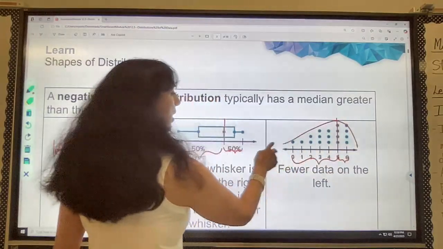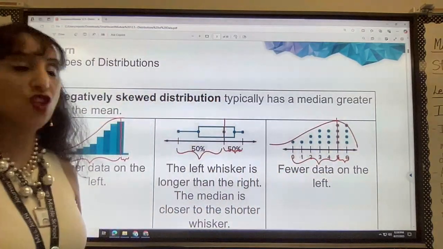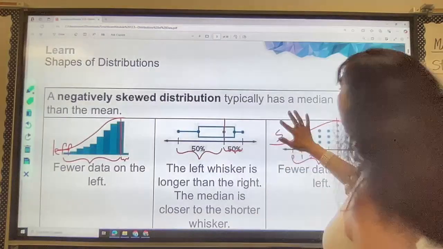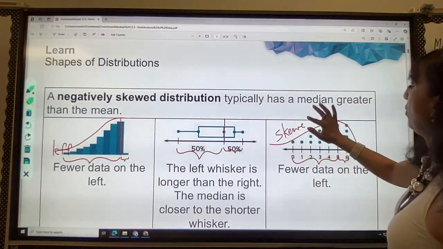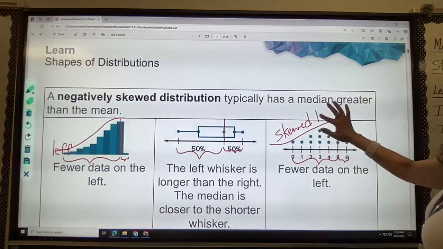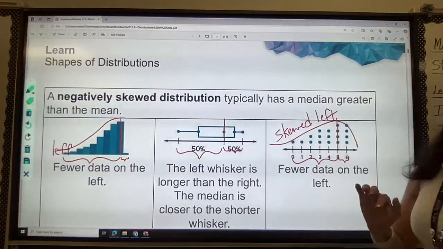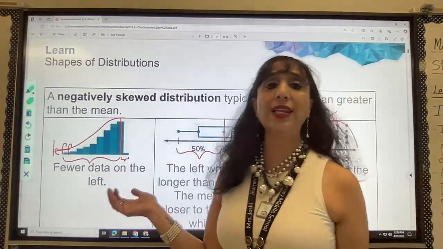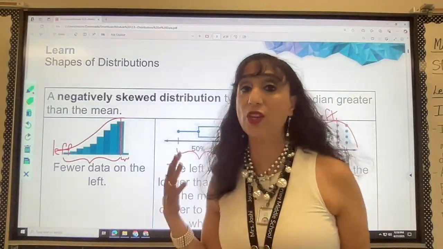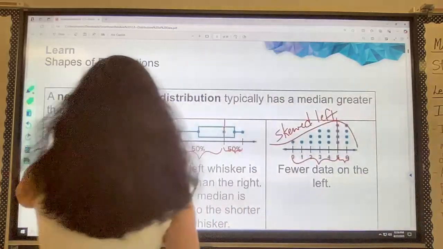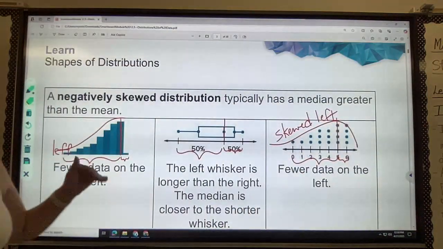Look, here. So just looking at this, I know that my graph, looking at the long tail end, is going to be skewed left. And so basically, I know that there is either an outlier or something, and this is pulling my mean down.